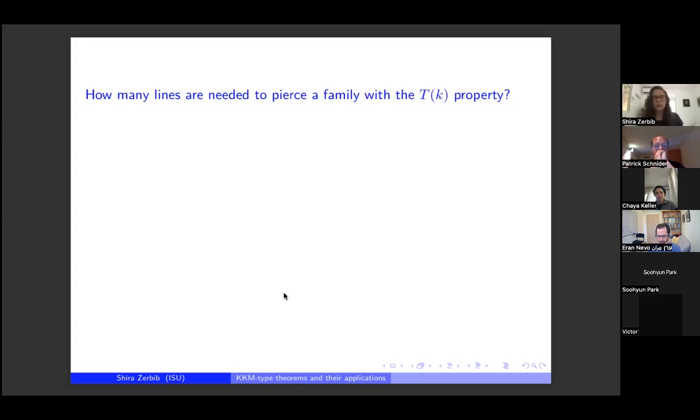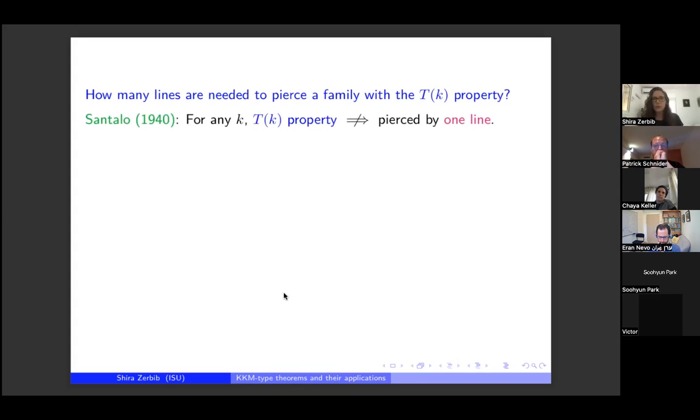Every time I take k sets, I know something about these sets, in this case that they have a line transversal, and I'm looking for a global intersection property. So I'm looking for how many lines are needed to pierce a family with the Tk property, if at all there is such a bound.